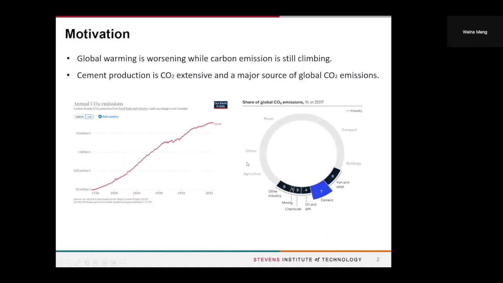So cement production, which is related to us, is CO2 intensive, and is for now identified as a major source of global CO2 emission. As researchers in this area, we have mainly two pathways to reduce CO2 emissions.